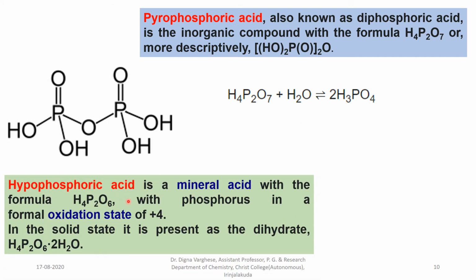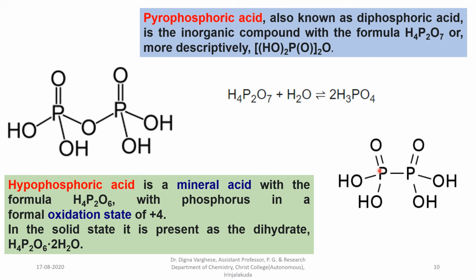Another important phosphorus acid is hypophosphoric acid, which is a mineral acid with the molecular formula H4P2O6, in which the phosphorus atom is in the +4 oxidation state. Both pyrophosphoric acid and hypophosphoric acid are generally known as diphosphoric acids because they contain two phosphorus atoms. But in one case, pyrophosphoric acid contains an extra oxygen atom and phosphorus with +5 oxidation state.